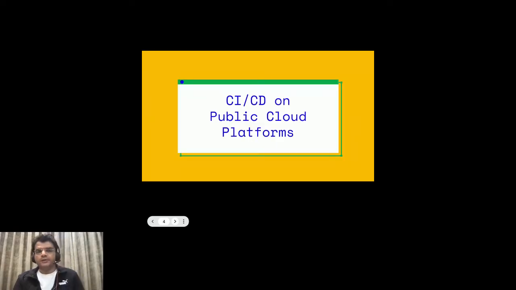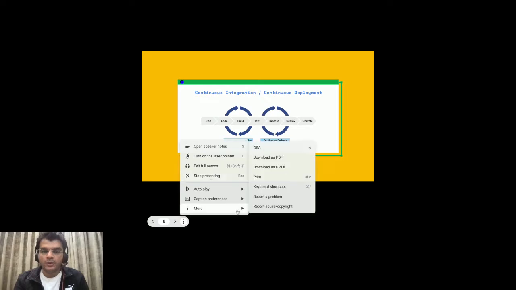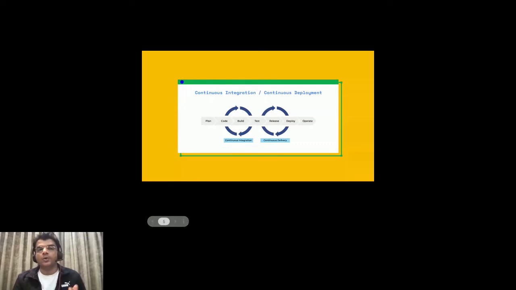Okay, so let us start by understanding what exactly CI/CD means when it comes to a cloud platform. The whole definition of CI/CD is all about automation, right? When you want to do CI/CD, the first thing that needs to happen is that you understand where your code is coming from.